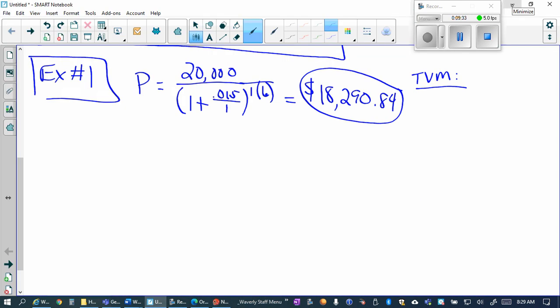It's the worst. I don't know about that. Okay. So just to refer back to this technically. For the N field, you'd put in 1 times 6. And then you'd have the I percent going to be 1.5 divided by 1.